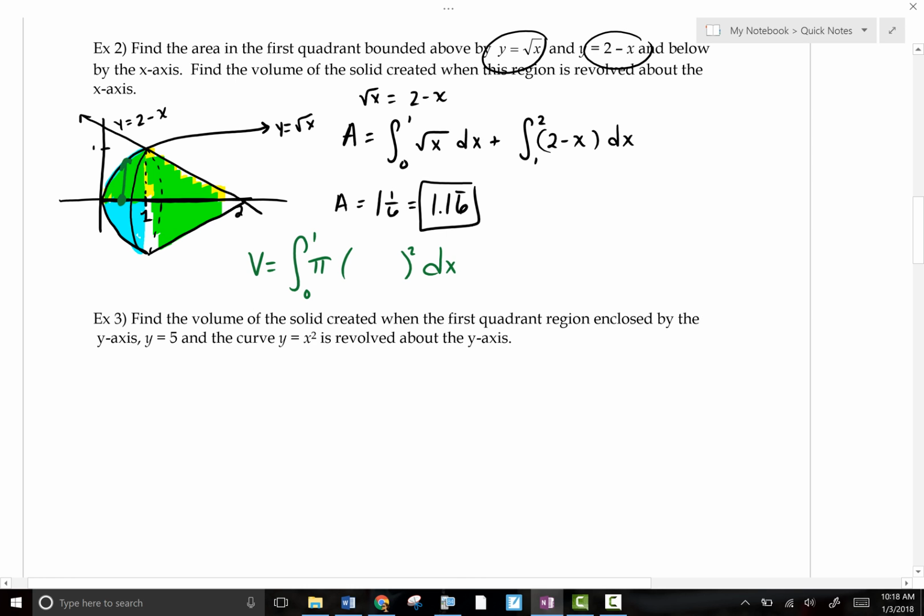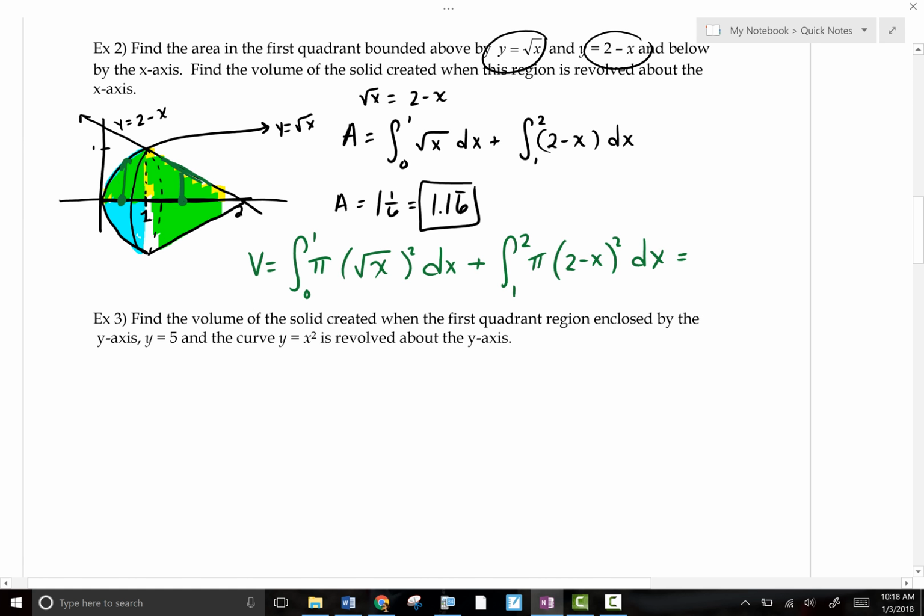So the square root of x is my radius, and there's the first part of my volume. Then the second part of my volume goes from 1 to 2, but now my radius goes from the x-axis to the line 2 minus x. Right? And so we would just add those two things together.